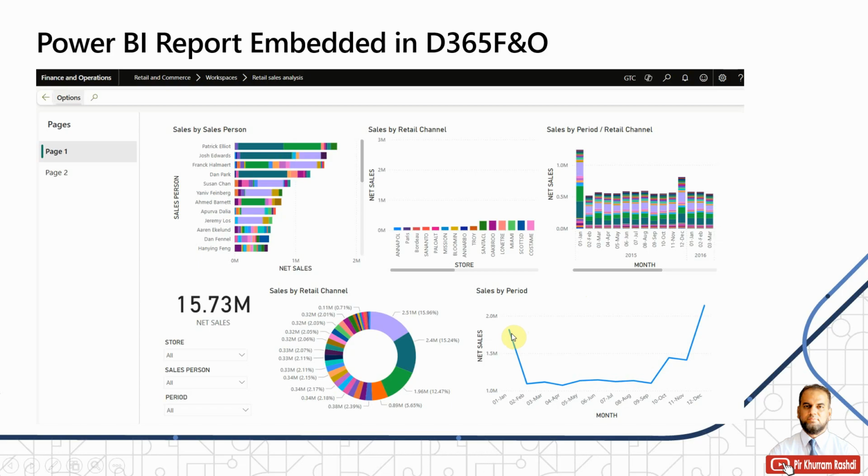And then you can see a line chart here. In the line chart also sales by period is shown. On the y-axis is net sales in millions, and on the x-axis you can see month-wise details.